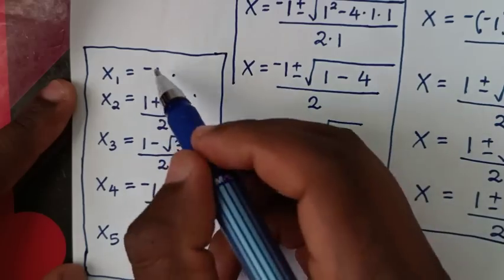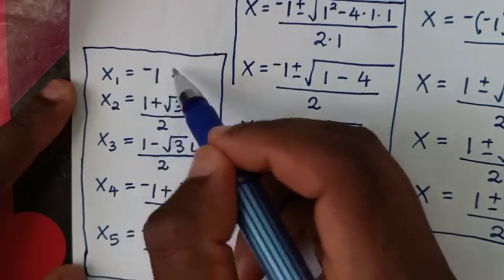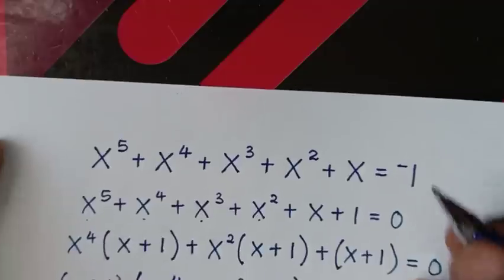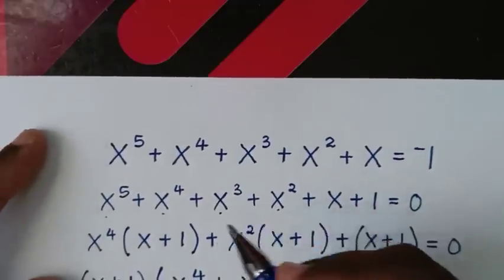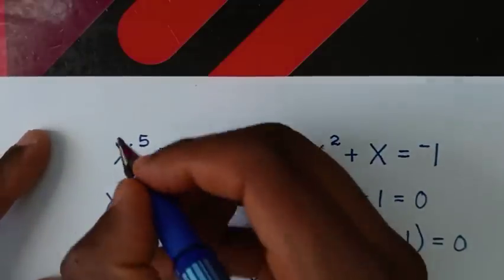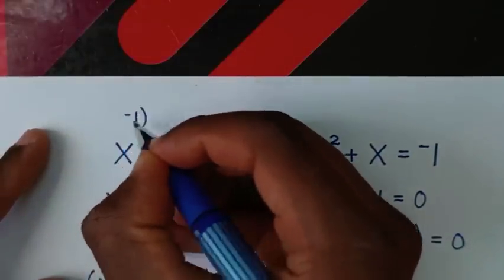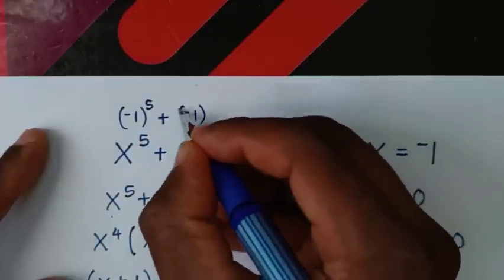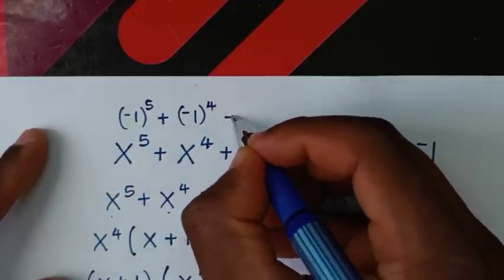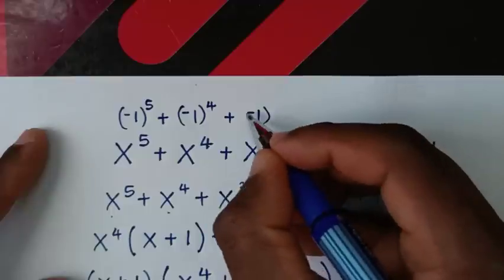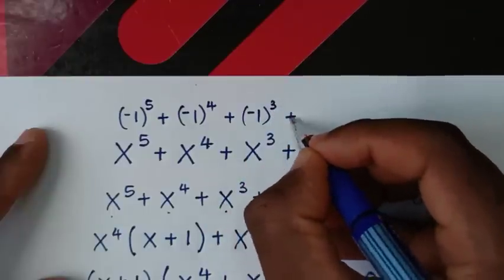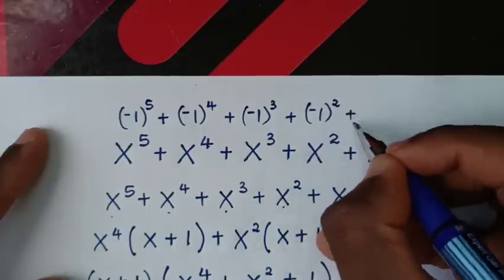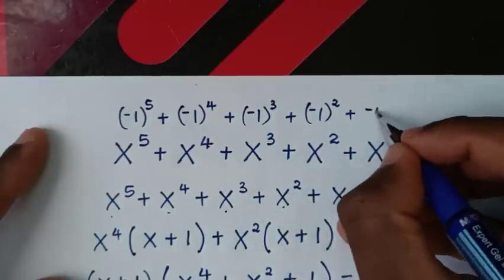Now let's check whether this real solution of -1 will satisfy our equation. To check for x is -1, we substitute -1 into here, so it will be -1 bracket power of 5 plus -1 bracket power of 4 plus -1 bracket power of 3 plus -1 bracket power of 2 plus this x is -1.